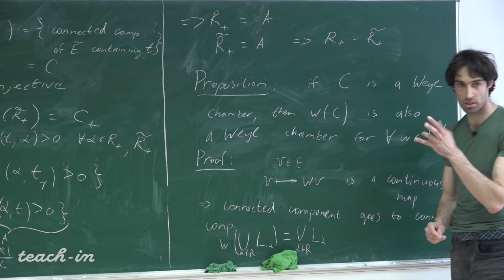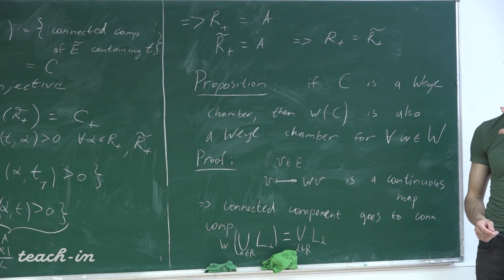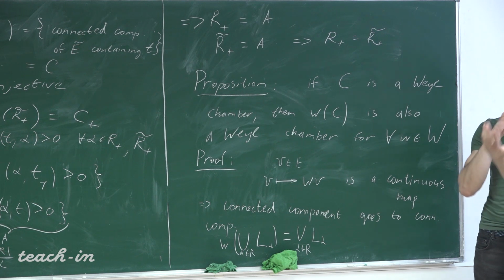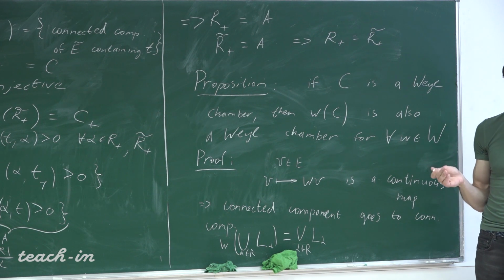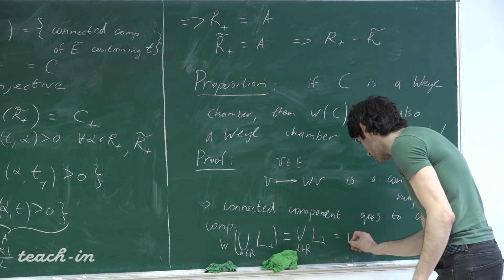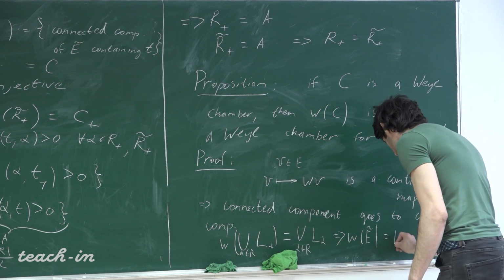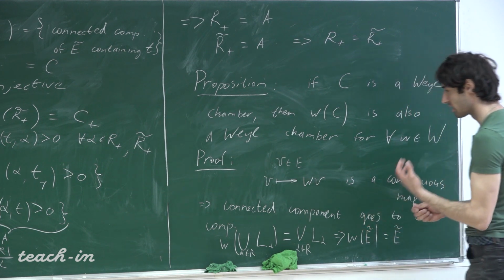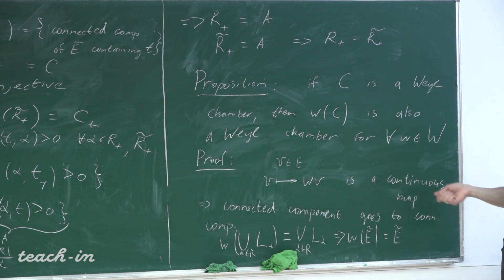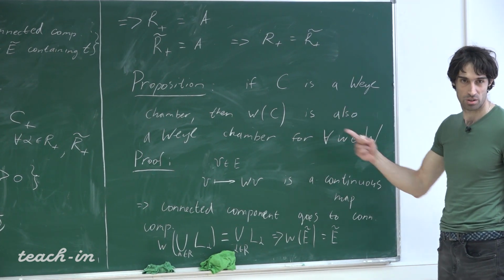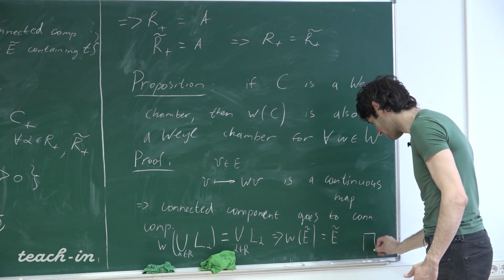This is just because the root system is closed under the action of the Weyl group, and therefore the hyperplane goes to some other hyperplane. So each element of the Weyl group is just a permutation of these hyperplanes. So therefore W of E tilde is again E tilde, so connected component of E tilde goes to connected component of E tilde. So therefore, Weyl chamber goes to Weyl chamber under the action of W, and we are done.